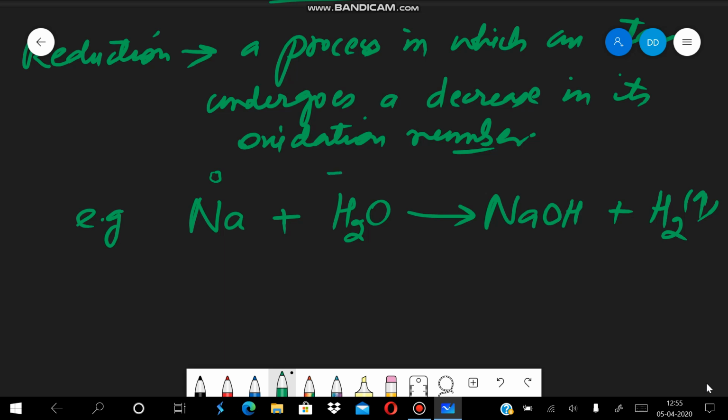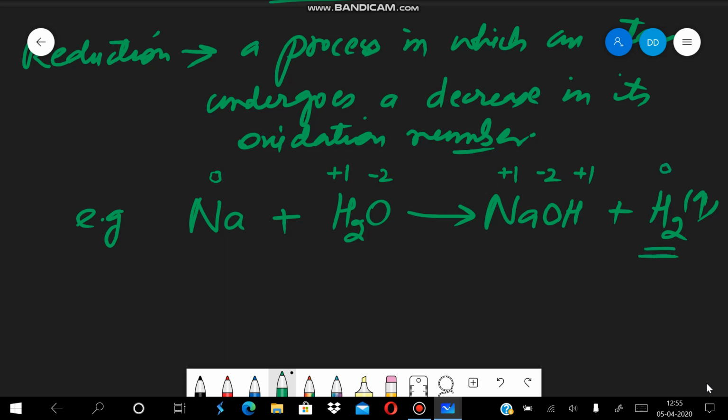In water, hydrogen has a +1 oxidation number and oxygen has -2. Now on the product side, we can see that sodium has +1 oxidation number, oxygen has -2, hydrogen has +1. And when we look at the H2 molecule, the oxidation number of hydrogen is 0 because it is in the elementary state.